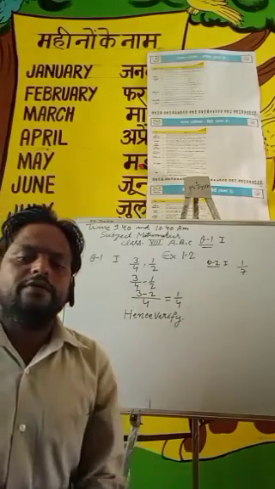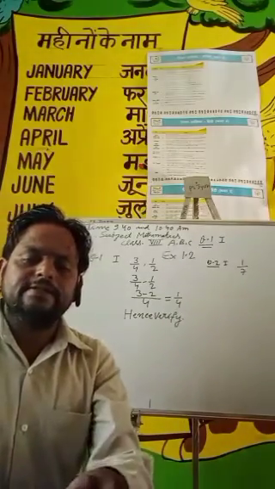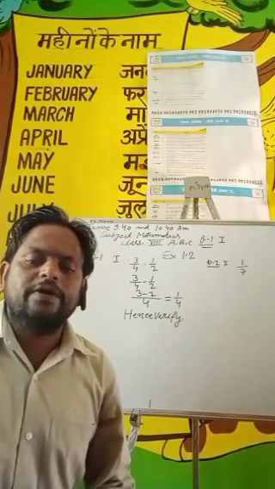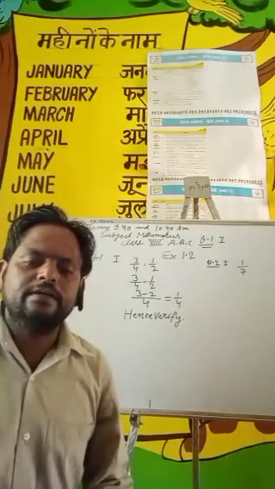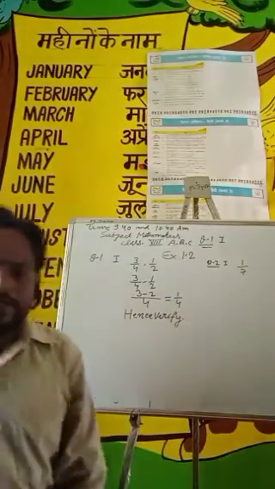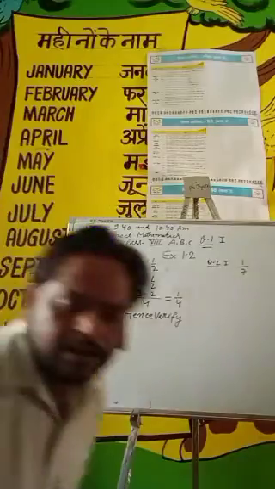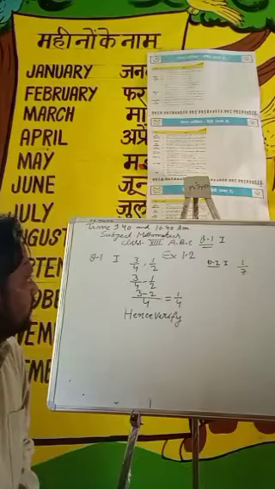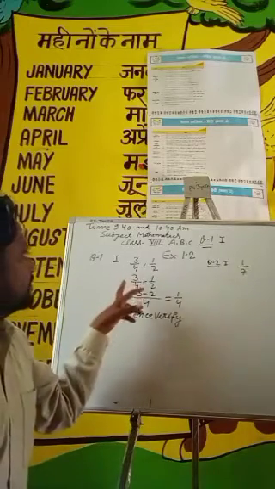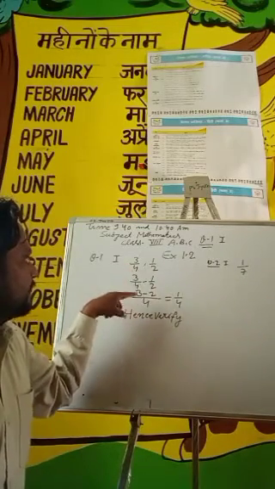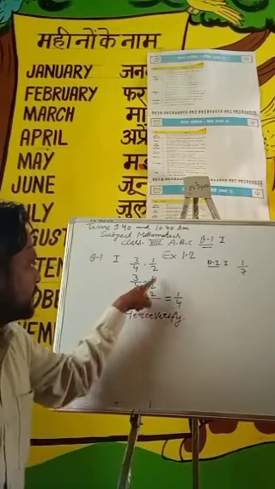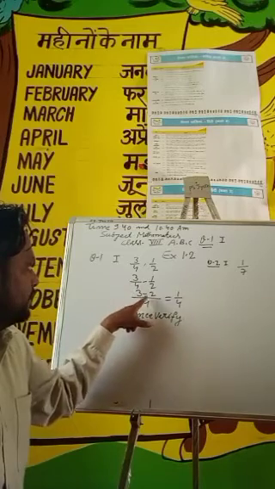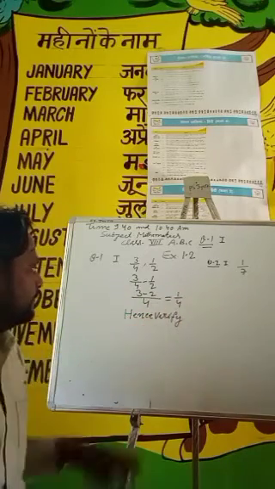Now we are going to solve exercise 1.2. Verify the closure property of subtraction of the following rational numbers. Question number 1, first part: 3 upon 4, 1 upon 2. Now 1 upon 2 subtracted from 3 upon 4. 3 upon 4 minus 1 upon 2 is equal to (3 minus 2) upon 4, equal to 1 upon 4.